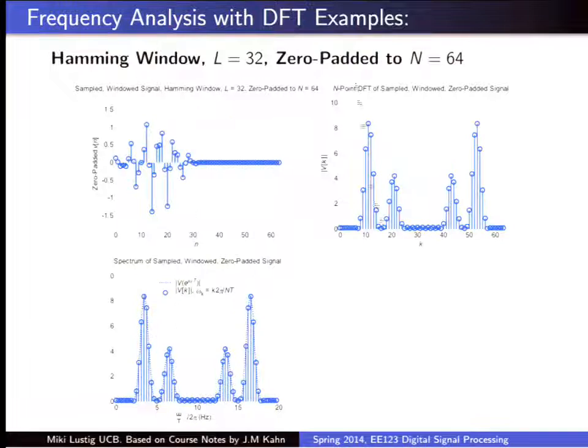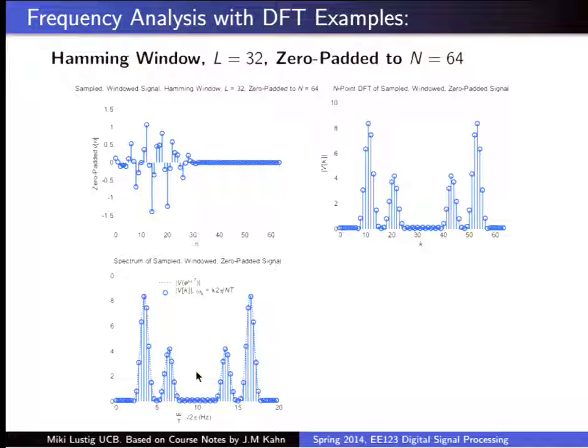When I zero pad, I added zeros here, I just get a finer sampling of it. Now, in order to show the DTFT, I need to do what's called an FFT shift, which takes this part, puts it over here, takes this part, puts it over here. And there are functions that you can use.